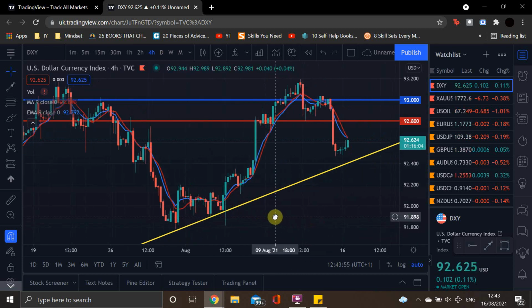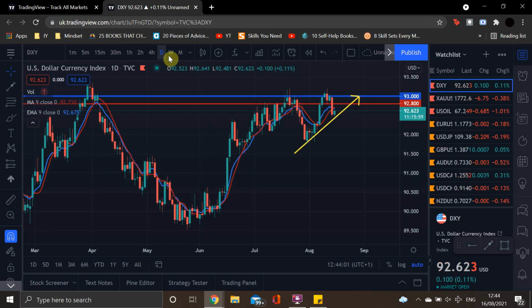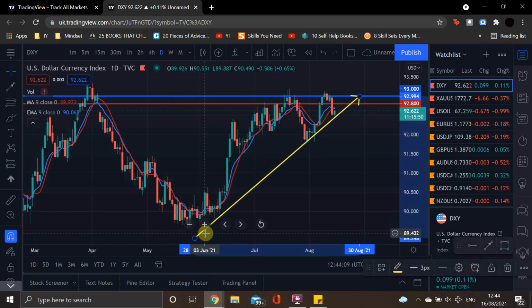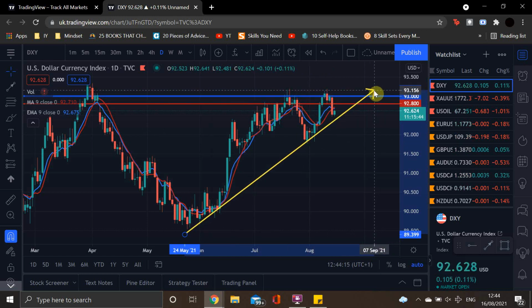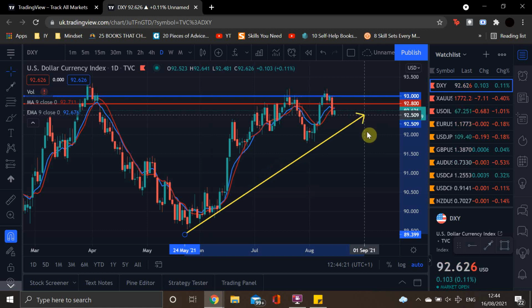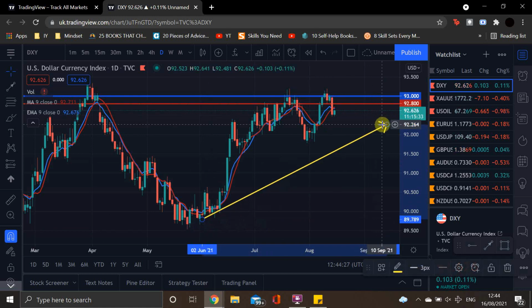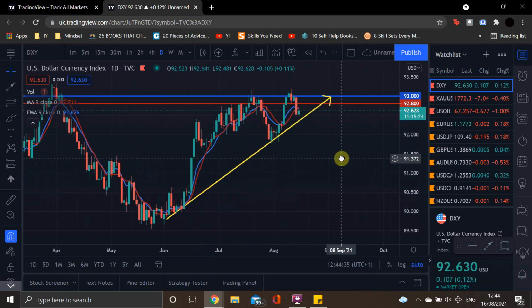Yeah, that was definitely some sort of fake out. I mean, you can kind of say there's a trend line going on from here to here in a way. Yeah, technically there is. There's a trend line going on.